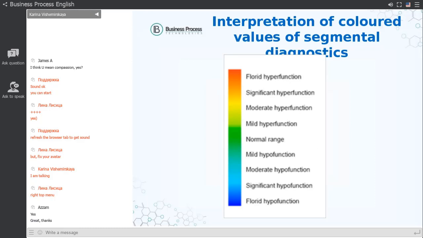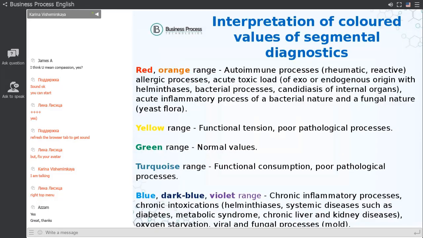So basically, these are the ranges we can see from normal to hyperfunction and to hypofunction. It's all also presented in your application Web Wellness. Also, the colors can have different interpretations depending on what they mean, if this is a hyperfunction, normal range, or hypofunction.